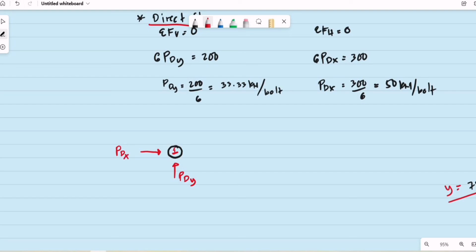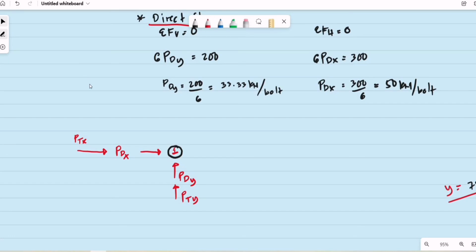Now when it comes to the torsional shear, it is the same. Our torsional shear along the x-axis is P sub tx, that should be to the right. And our torsional shear along the y-axis should also be upward. So this is P sub ty.